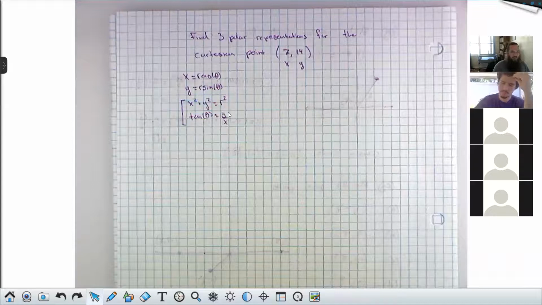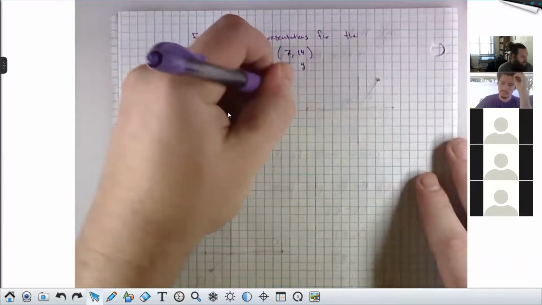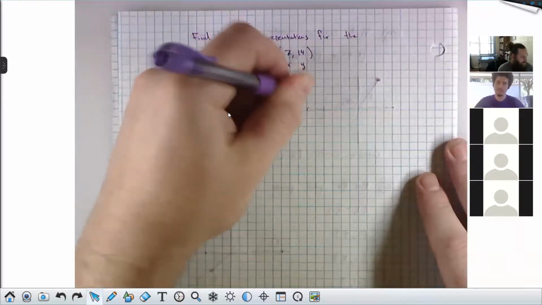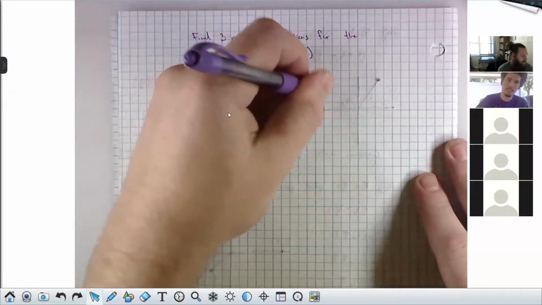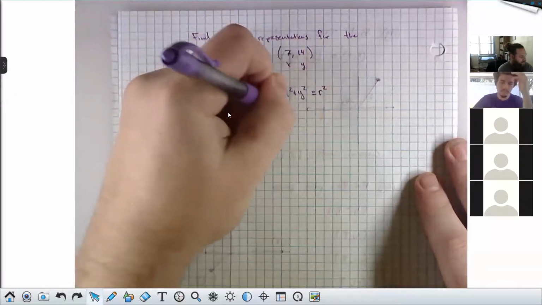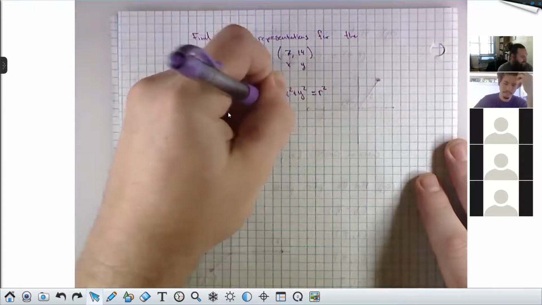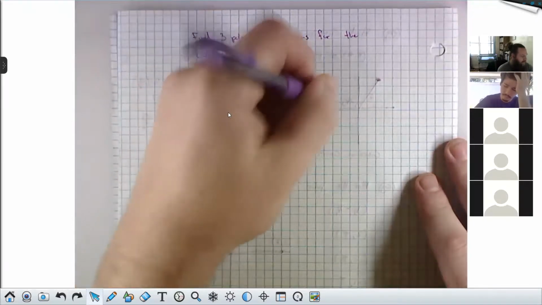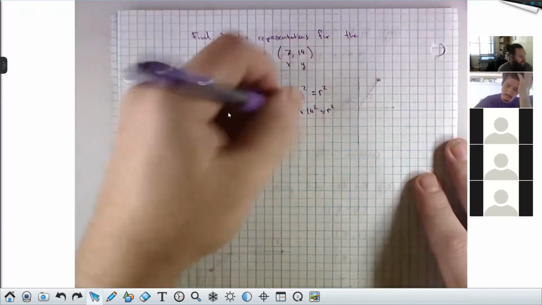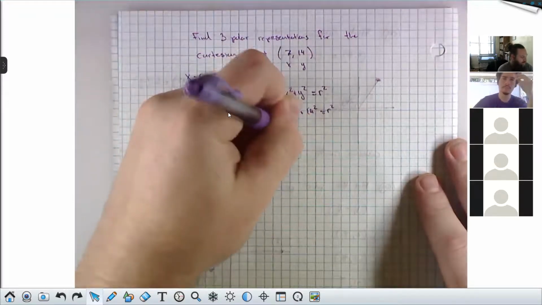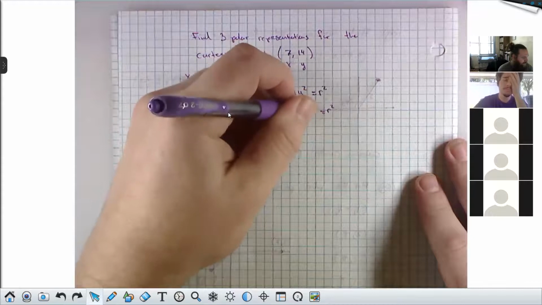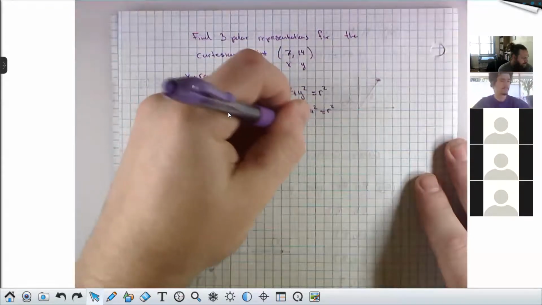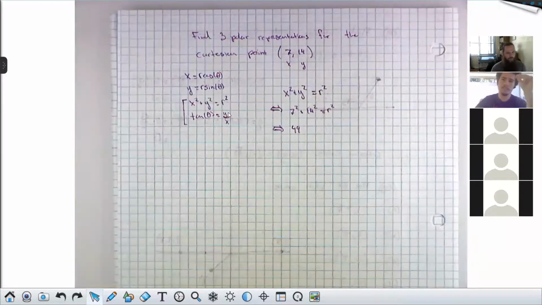X squared plus Y squared equals R squared. In this case means 7 squared plus 14 squared is equal to R squared. 7 squared is 49. I'm not sure what 14 squared is off the top of my head. It's 4 times 49. I'll just use the calculator.